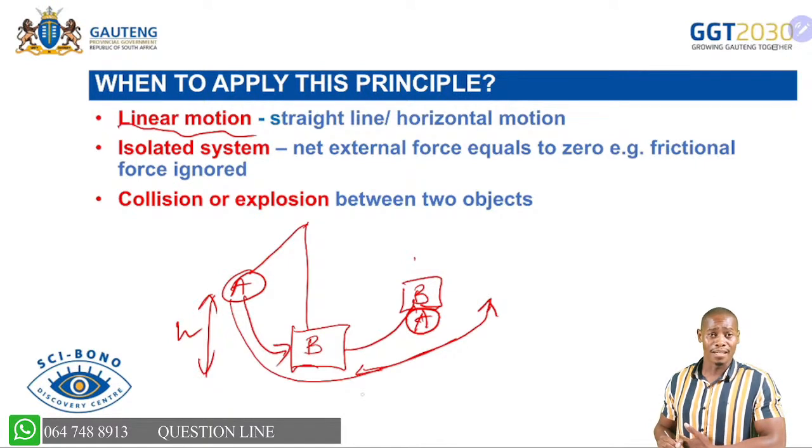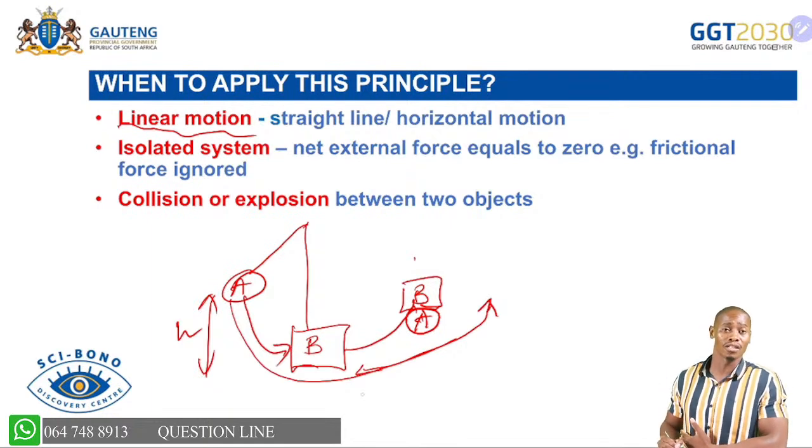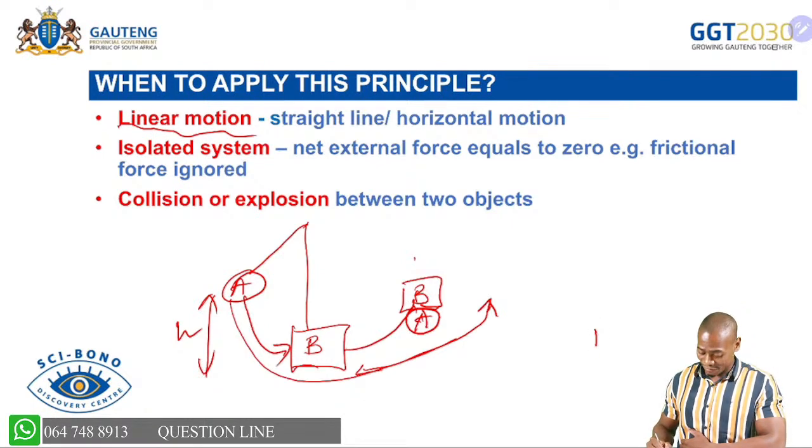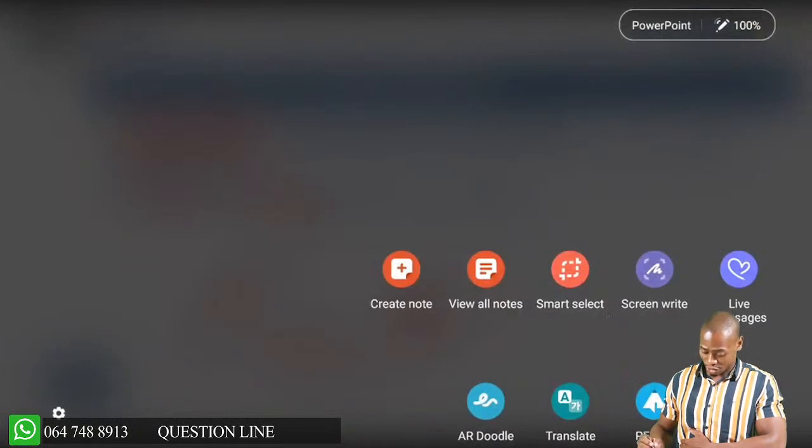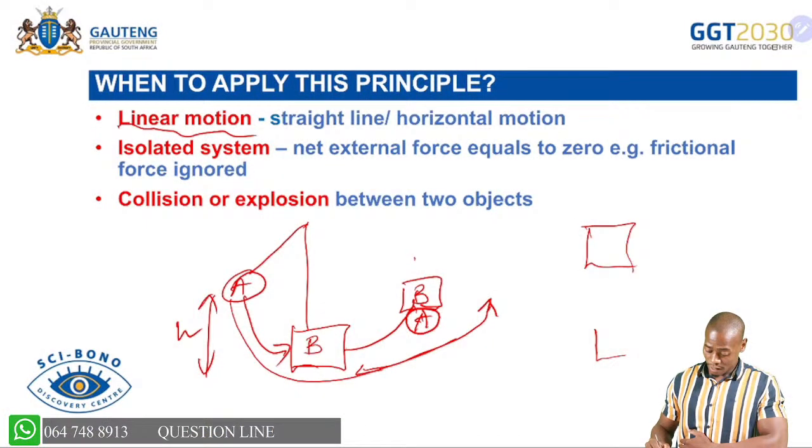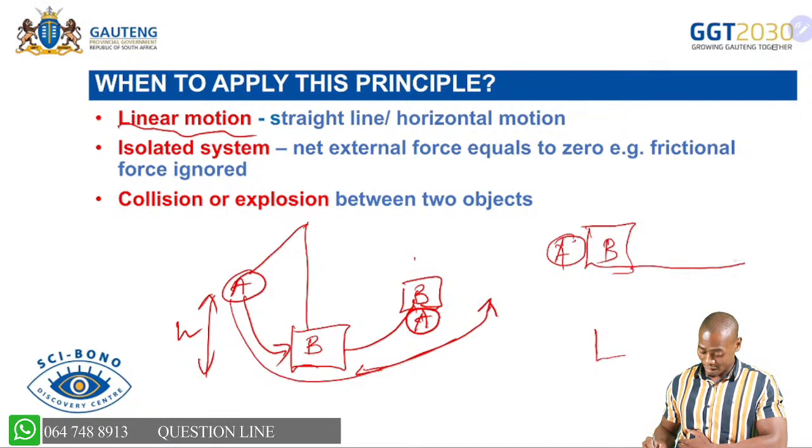Since the motion is not linear, or not horizontal, we cannot apply the principle of conservation of linear momentum, unless after collision, when A and B collide, they move in a horizontal straight line.